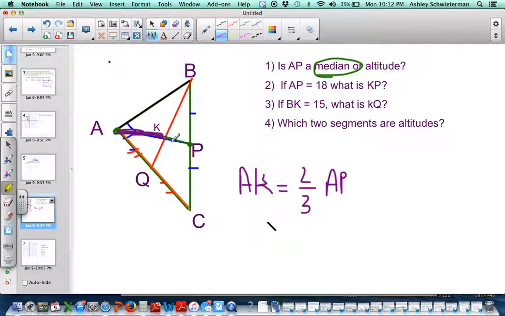So what's left over is actually 1/3. So we know that KP is equal to 1/3 of AP, which actually is 18. So 1/3 of 18 is 6.